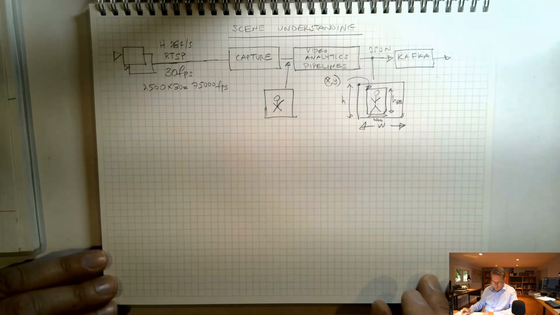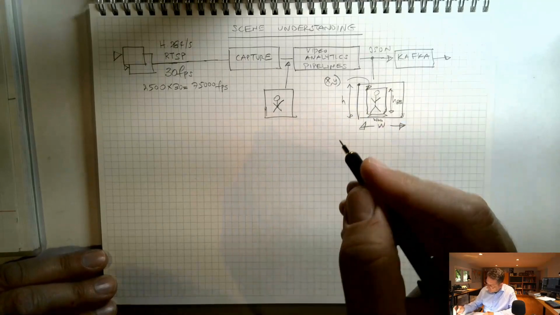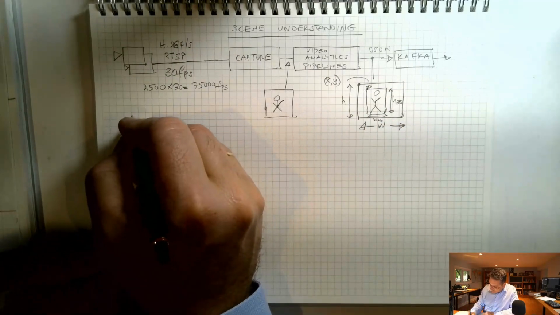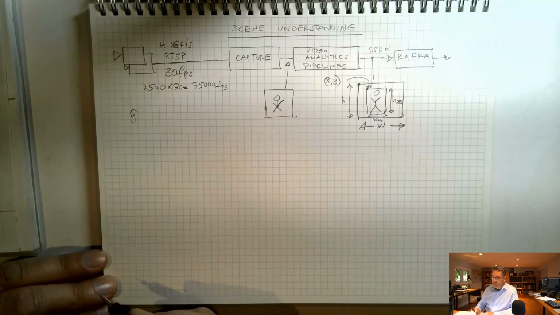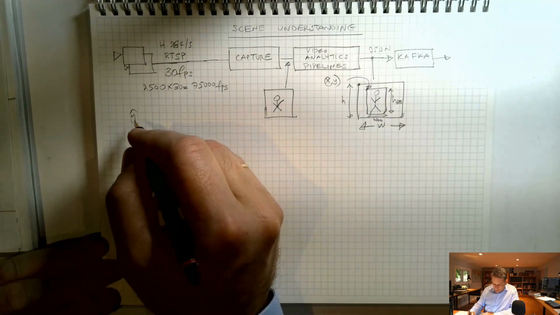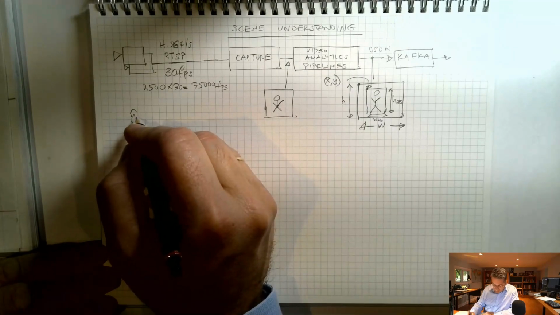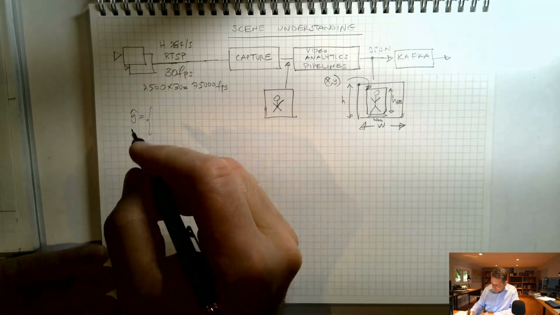Okay, so our y hat, if I may call it like that, which is what is going to be included inside this JSON, one frame after another in a stream, is going to be many things.